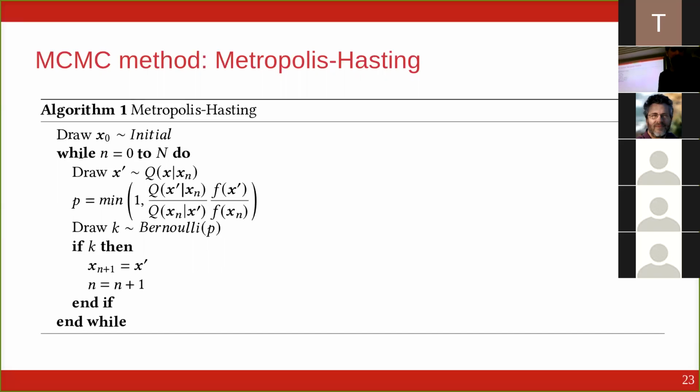And you see that you derive a probability of acceptance for the new sample. If you get to accept it, then you can continue, else you need to resample over and over again, which can be pretty expensive computationally speaking.